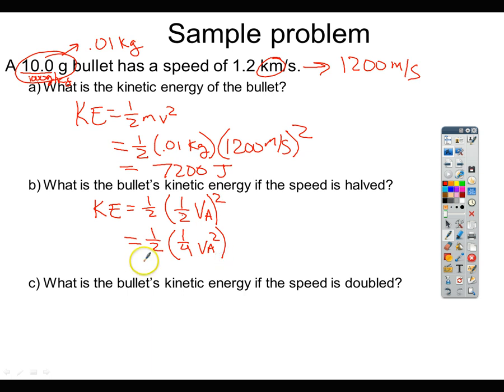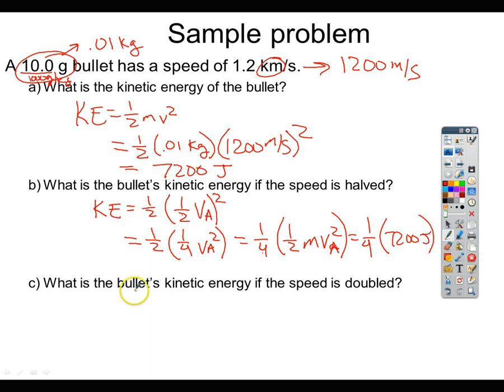If you reduce that down, we can then say that that would be 1/4 times 1/2 m vA squared. So you'll notice that that will be 1/4 of what we had before. So that will be 1/4 of the 7,200 joules.